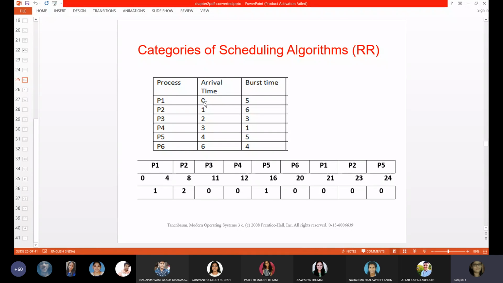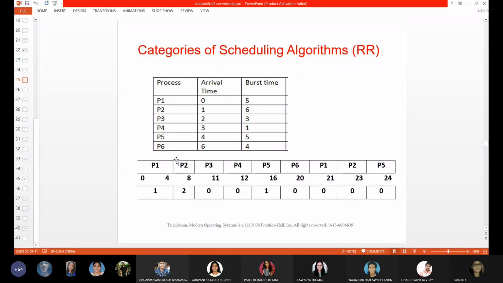That is called starvation, right? That will be completely avoided using round robin. None of the processes in the multiprocessing system will experience starvation.